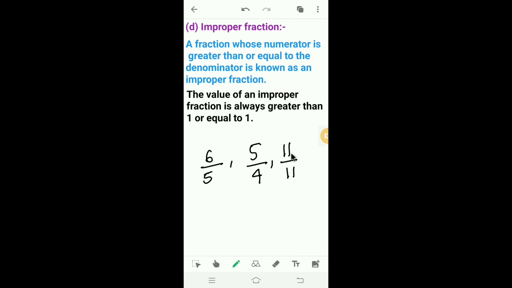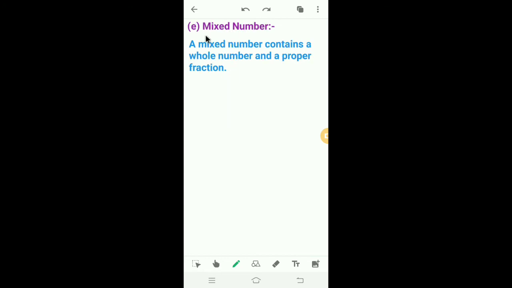A fraction whose numerator is greater than or equal to the denominator is known as an improper fraction.